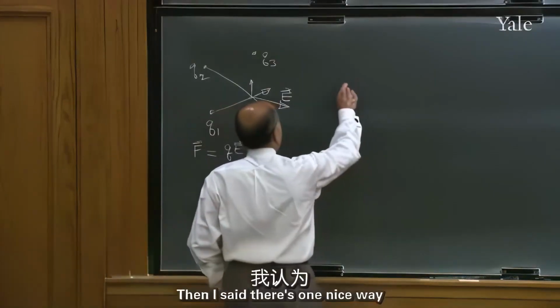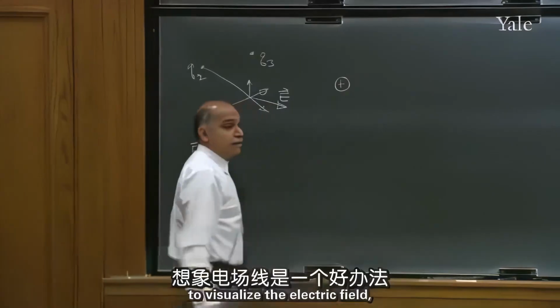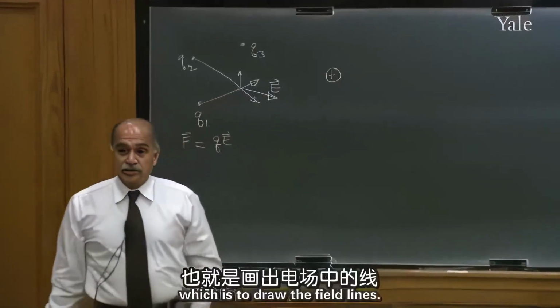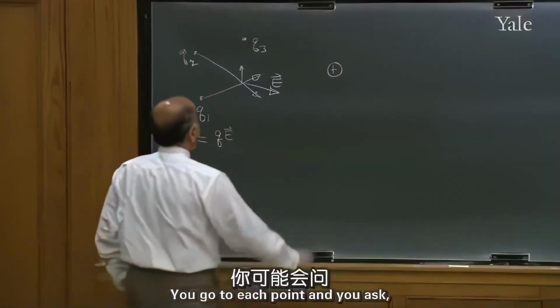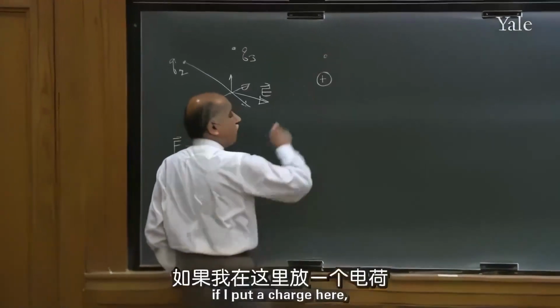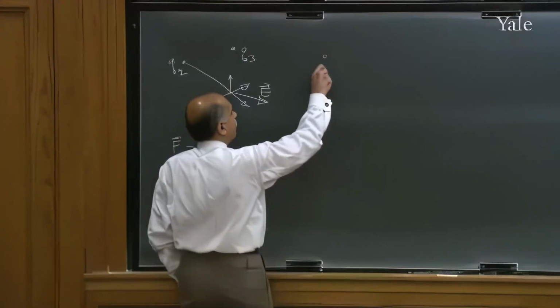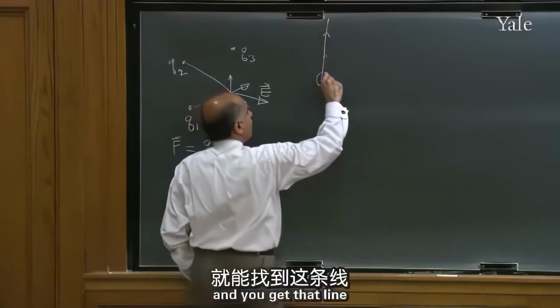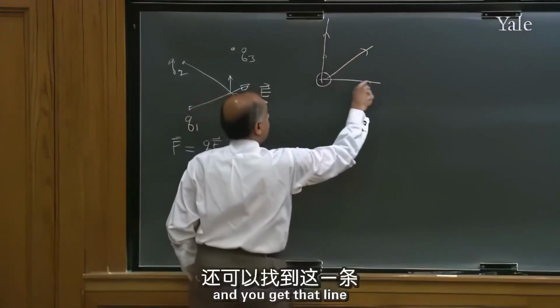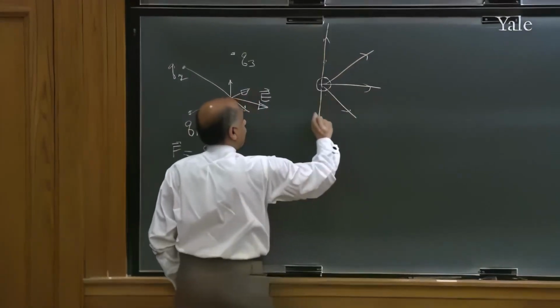Then I said there's one nice way to visualize the electric field, which is to draw the field lines. You go to each point, and you ask, if I put a positive test charge here, which way will it move? Then you follow that as it moves, and you get that line, and that line, and that line. You can draw these lines.